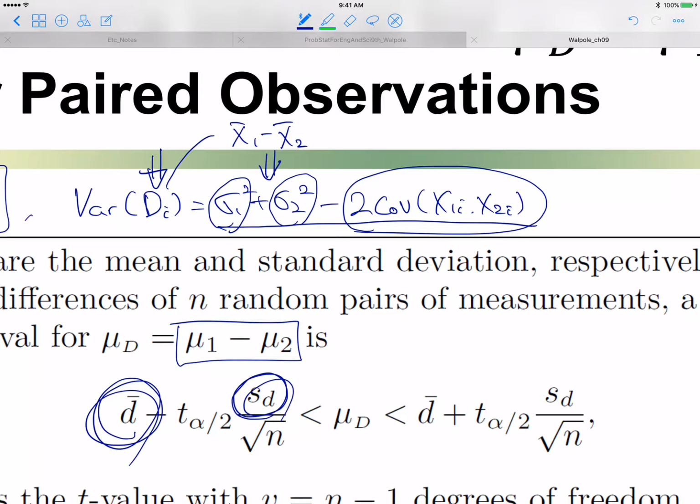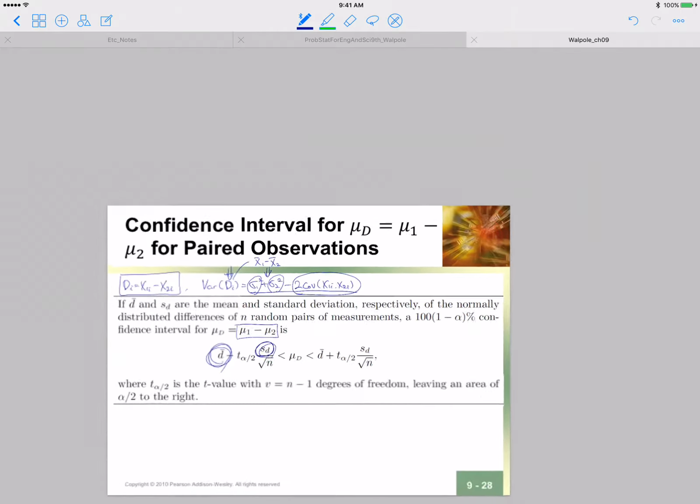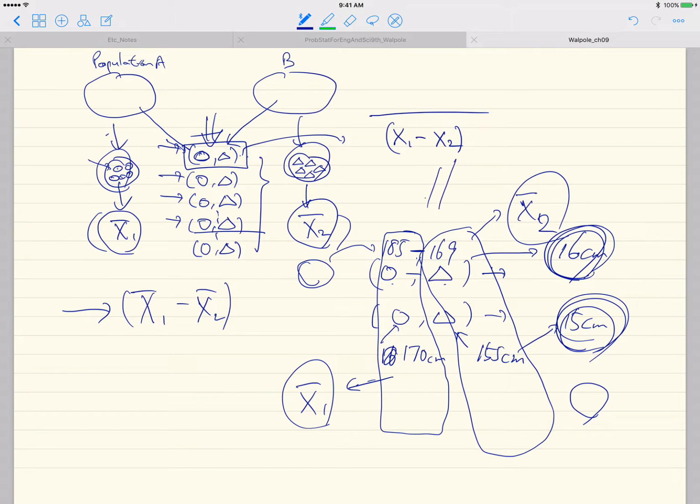In this specific case that I gave you, we considered the height of siblings who were born from the same parents. So their heights are somehow positively correlated, right? If we see one boy is really tall, his sibling will also likely be very tall.